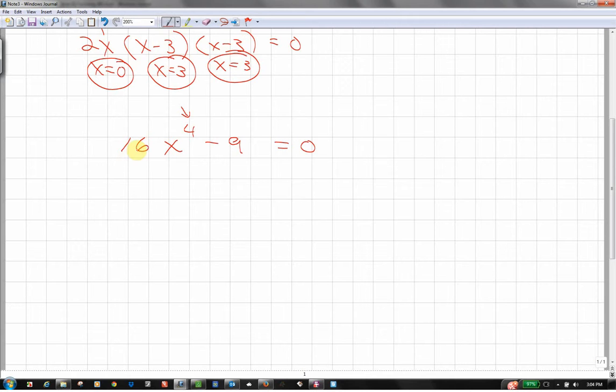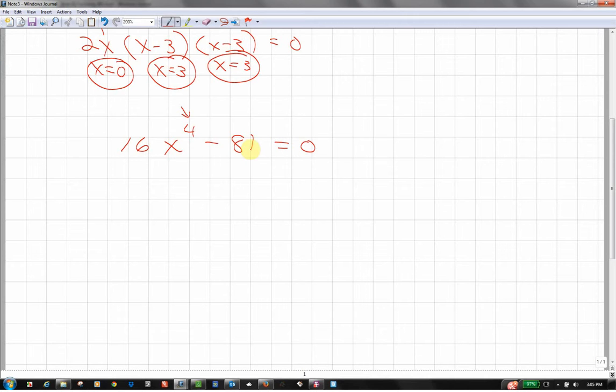That looks better. I'm going to change that too, sorry. So now this is the problem I have, 16x to the fourth minus 81.